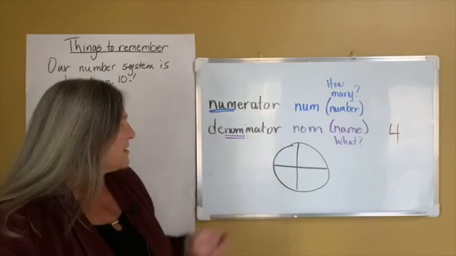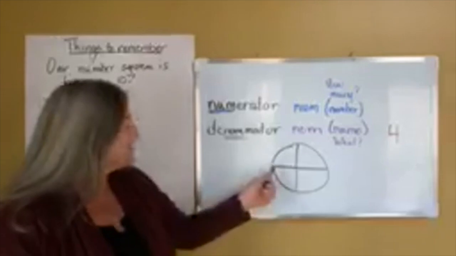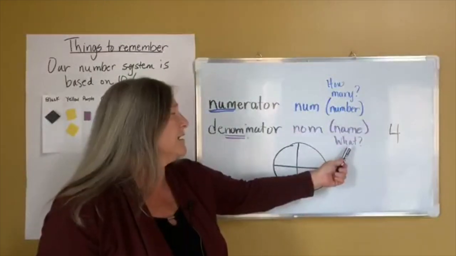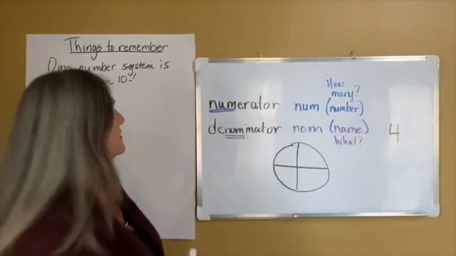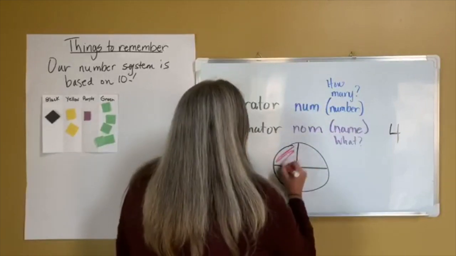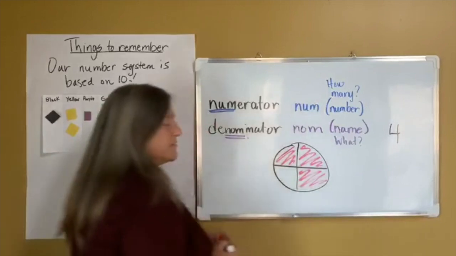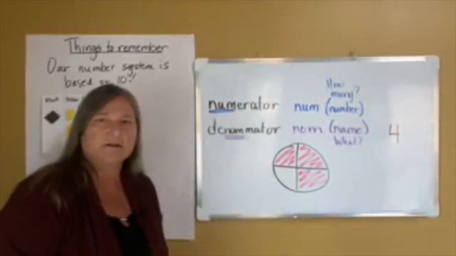So if we wanted to talk about a fraction with this circle, we know its name is 4 because there are 4 parts. So when we say number of what? In this case, the what is 4s. Let's look at some of these colored in. A very typical kind of question that your child might have at home is, what is the fractional part of the circle that's colored in?